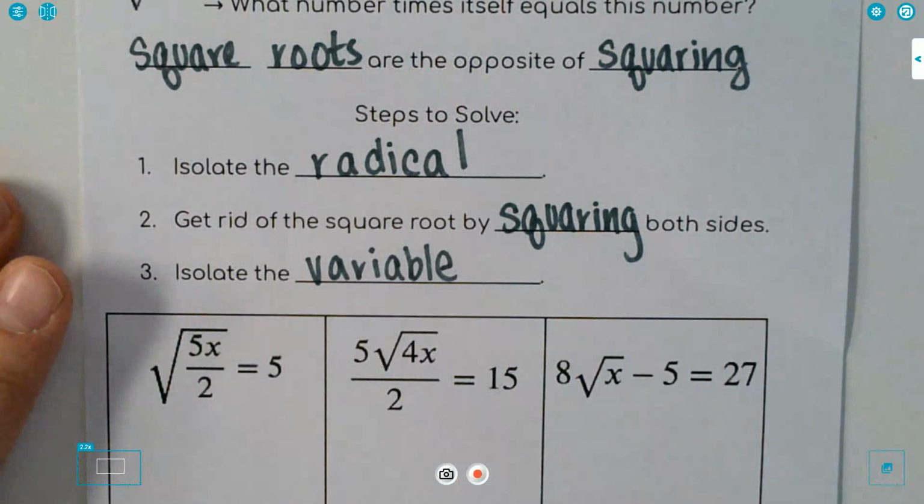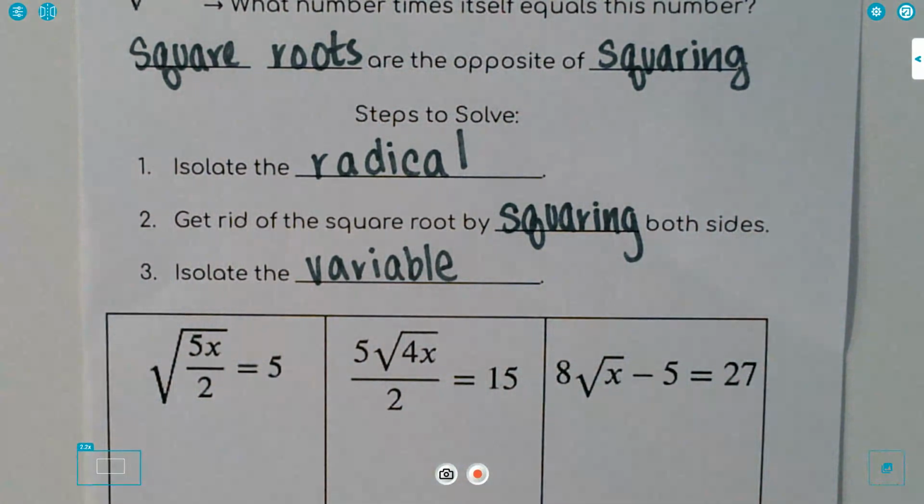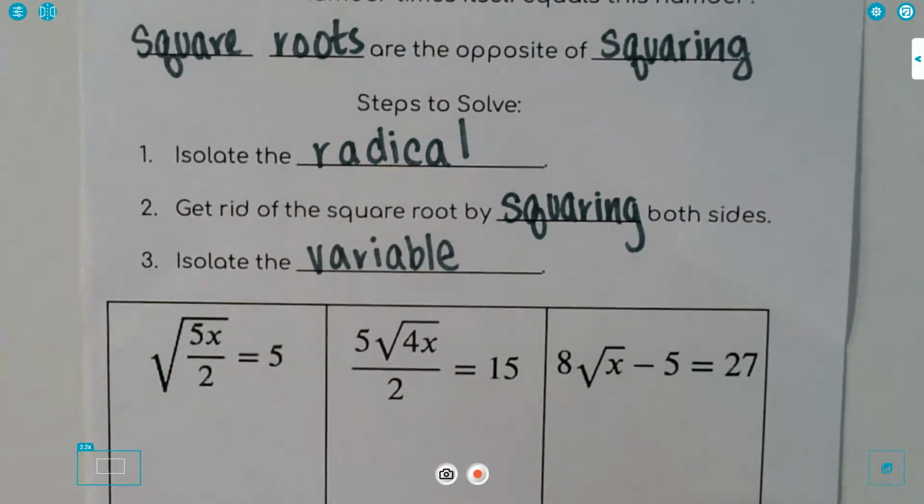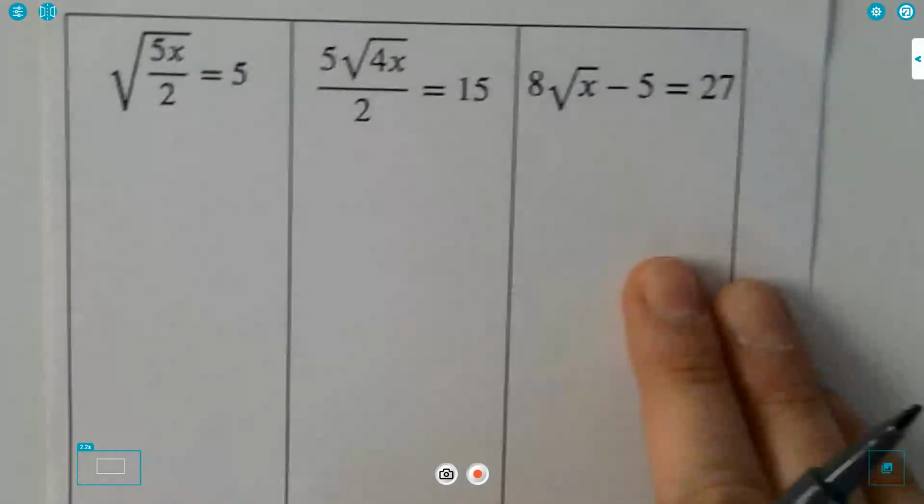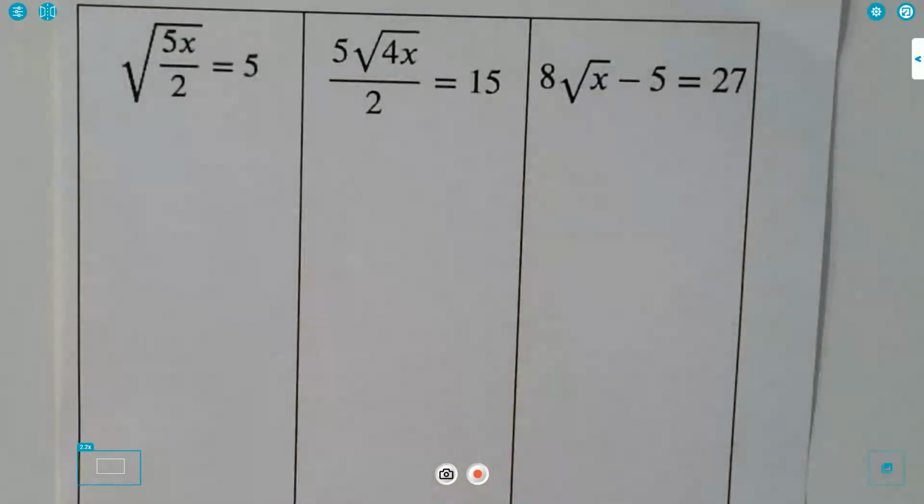All right. Any questions about steps before we see how to actually solve? Okay.